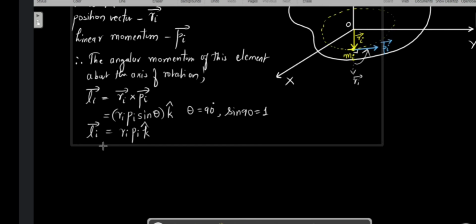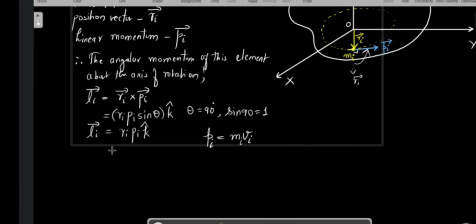So now we know that the linear momentum is given by mass into velocity. So if I consider the velocity of that ith element and the mass of that ith element, that is going to give me the linear momentum of that ith element.